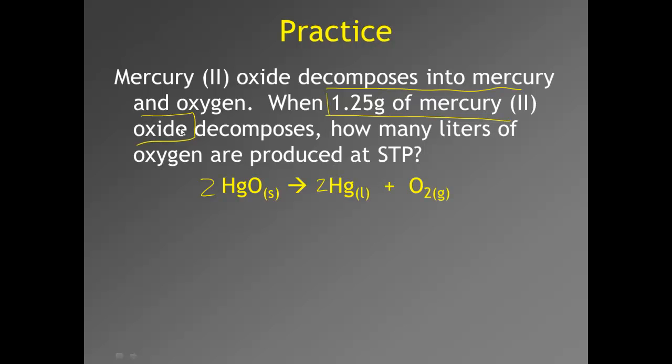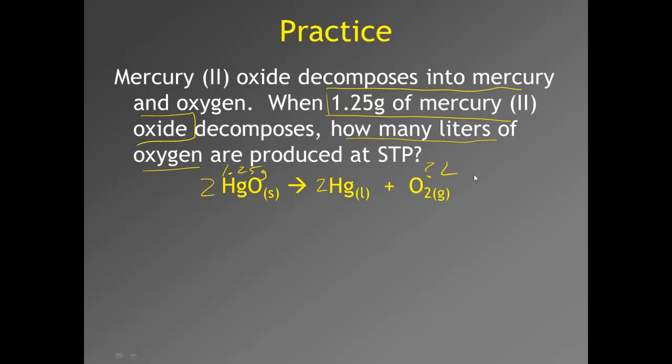What you do have to do is know your elements. This is oxygen right here. This one is mercury. So by default, mercury 2 oxide should be the one with mercury and oxygen in it. So I'm given 1.25 grams of the mercury 2 oxide, and I'm asked how many liters of oxygen are produced.